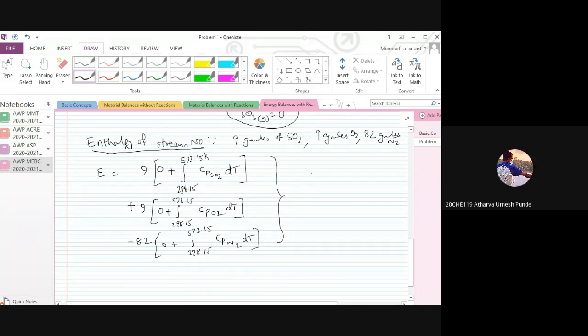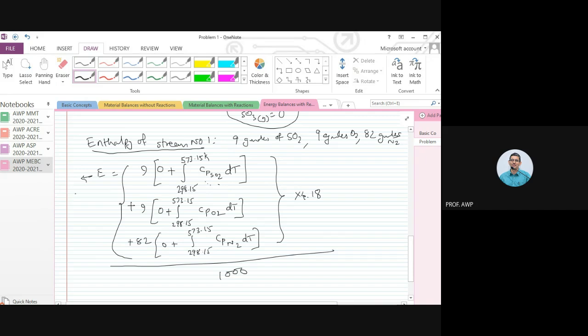Cp is in calories, so this would be in calories. We have to convert to kilojoules, so this whole thing we will multiply by 4.18 and divide by 1000. So this enthalpy now will be in kilojoules.